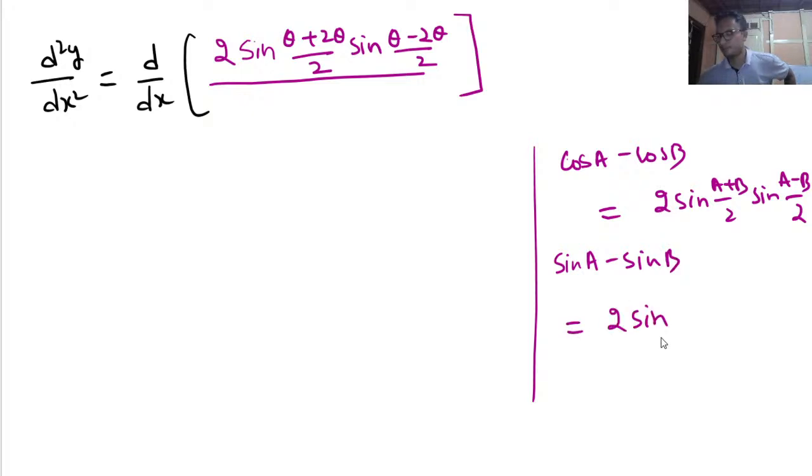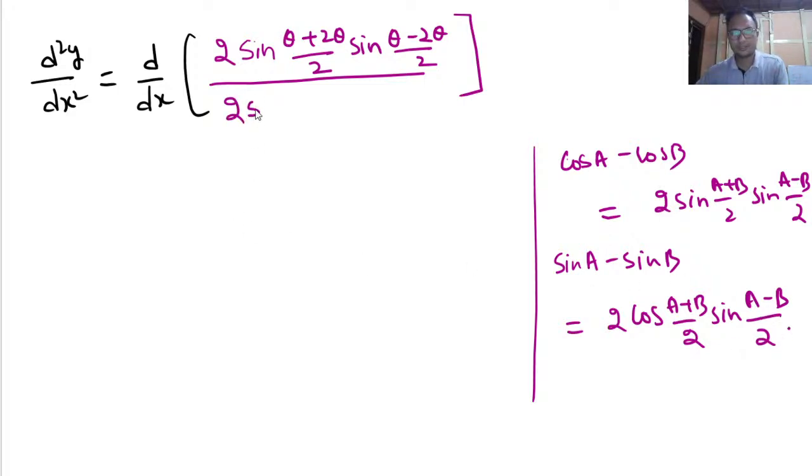That is twice cos of (a plus b) by 2 and sine of (a minus b) by 2. So here we will be having twice cos of what is a here? A is 2 theta, so 2 theta plus theta divided by 2, and sine of 2 theta minus theta divided by 2.